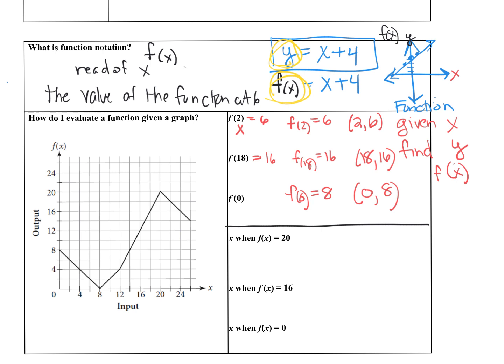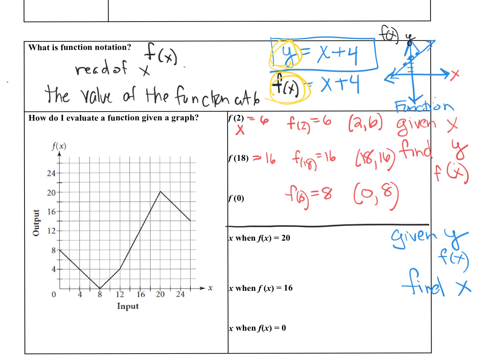Okay. Now we're going to look at the next set of problems here, and they are if we are given y, so that's where we're going to start, which we know is also f of x, then we are going to find the x value.